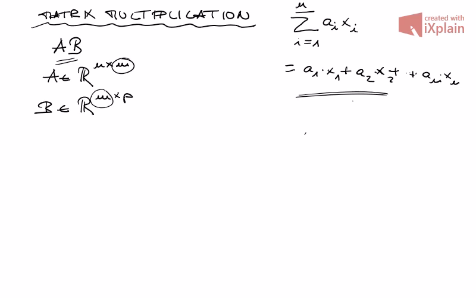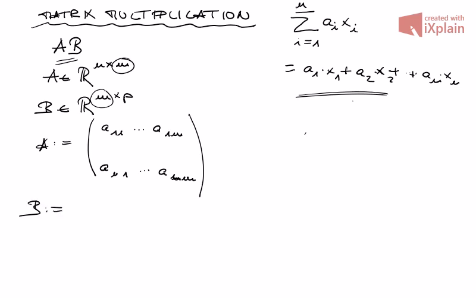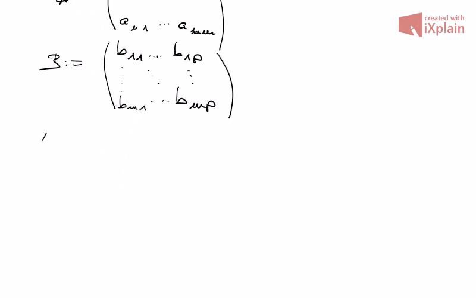So let A again be a matrix as previously, with entries A1 1 to A1 m down to A n1 to A n m, and B being B1 1 to B1 P, so P columns, and m rows, down to B m1 to B m P. If these things are like that, then AB corresponds to the following.